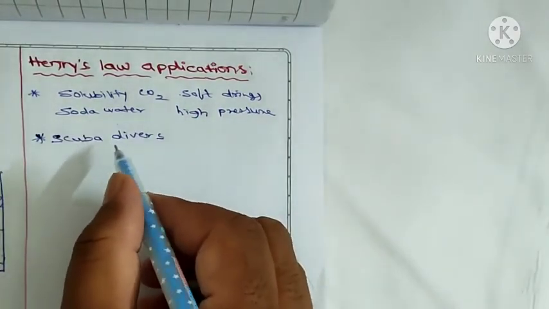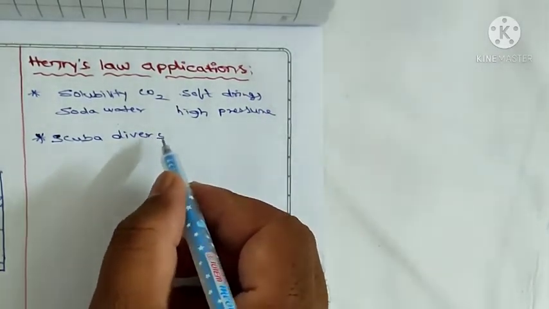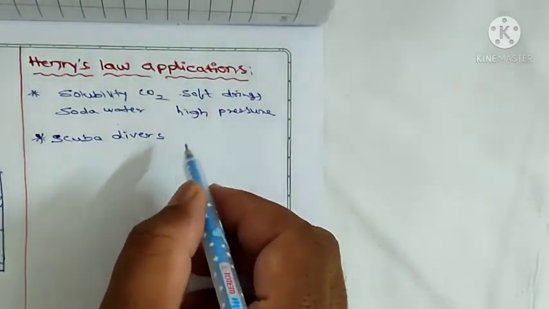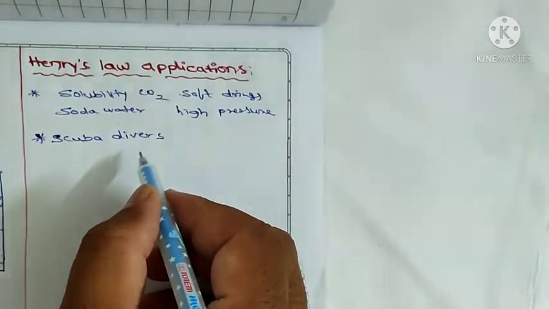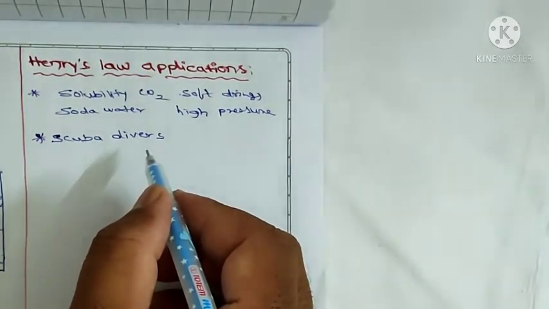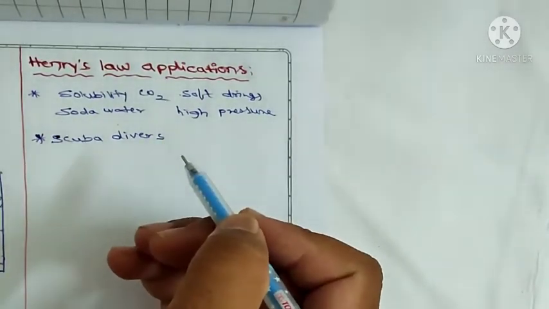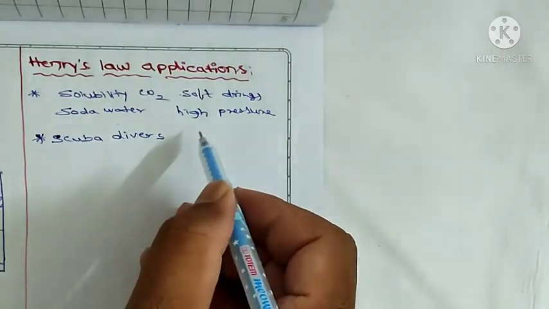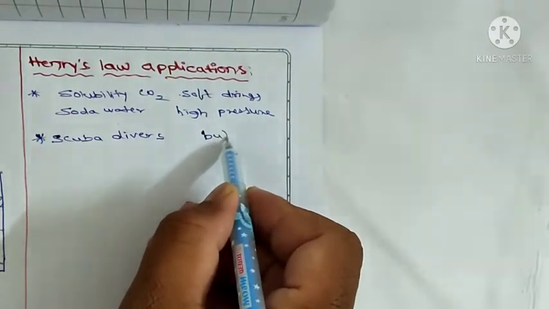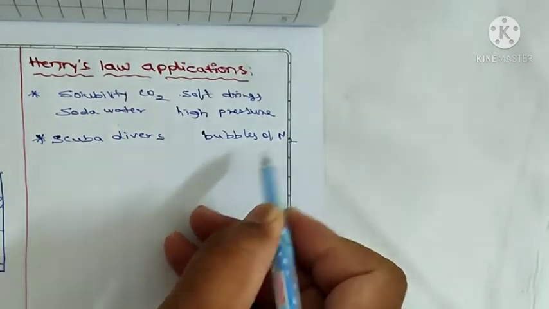So scuba divers breathe air at high pressure under the water, and the increased pressure increases the solubility of the gases in the blood. So when scuba divers come towards the surface and the pressure gradually decreases, this releases the dissolved gases. It leads to formation of bubbles of N2 in the blood.